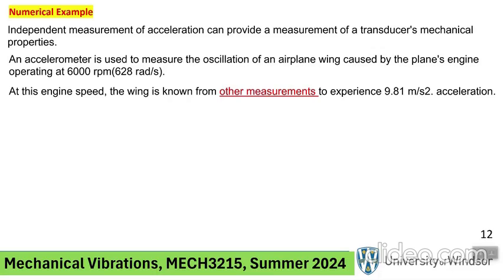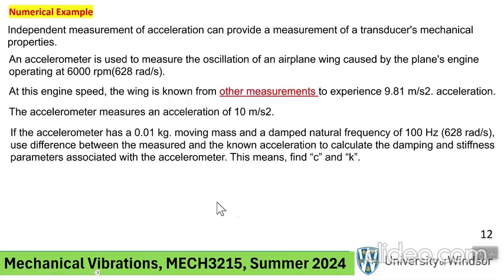Now we want to know the characteristics of our device. So suppose we used our device and came up with 10 meters per second squared. They gave us 9.81 with another device, and we pretend that that's the correct value. Out of this information, we want to estimate omega n and zeta.